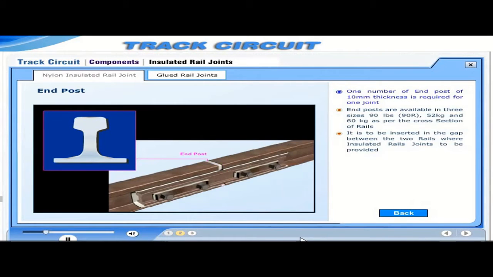One end post of 10 mm thickness is required for one joint. End posts are available in three sizes of 90 lbs, 52 kg and 60 kg as per the cross section of rails. It is to be inserted in the gap between the two rails where the insulated rail joint is to be provided.